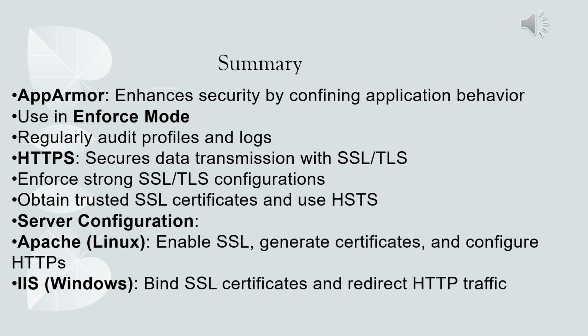It enforces strong configurations, obtains trusted SSL certificates, and uses HSTS. The server configurations like Apache and IIS, also known as Windows: Apache uses a2enmod ssl to generate certificates and configure HTTPS, and then Windows binds SSL certificates and redirects HTTP traffic.